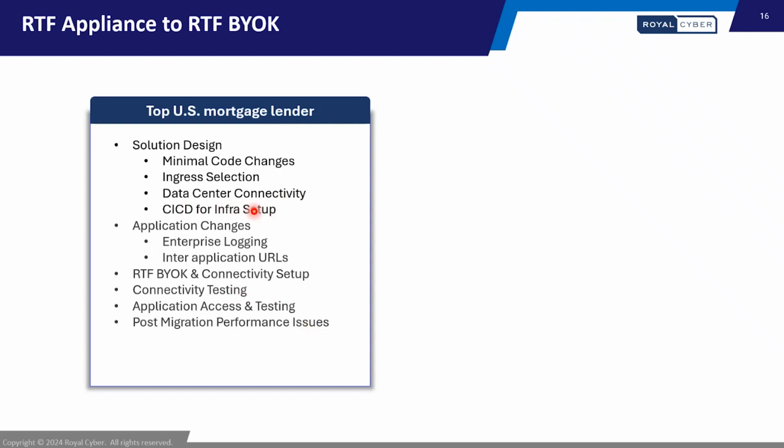Obviously, data center connectivity was required for accessing different resources running in different clouds, and the client also has CloudHub 1.0, so we needed a connectivity setup between CloudHub 1.0 and RTF EKS. For infrastructure setup, we used Terraform, and then we used CI/CD jobs as well.